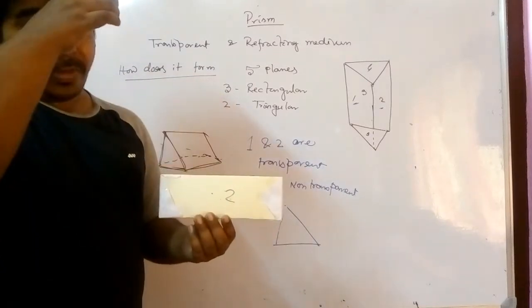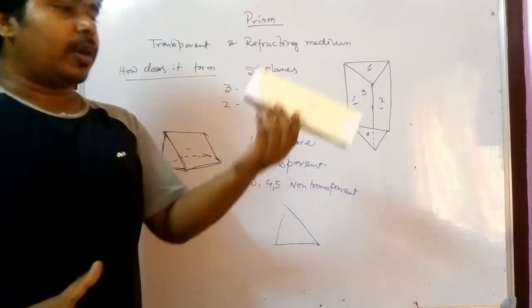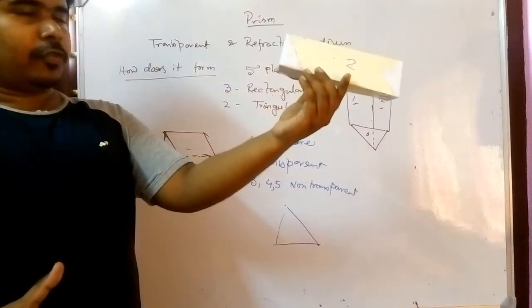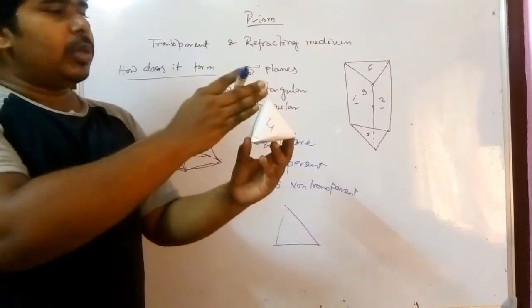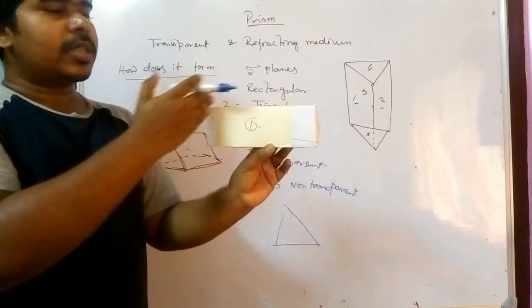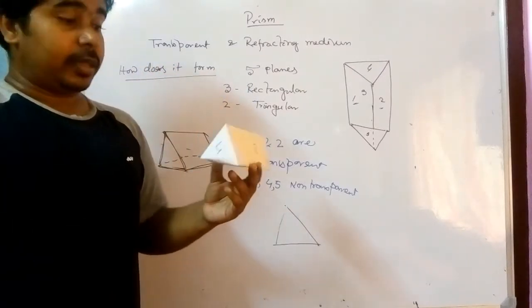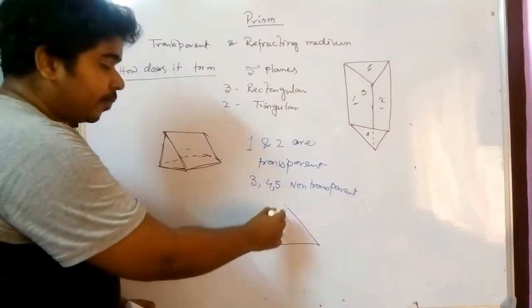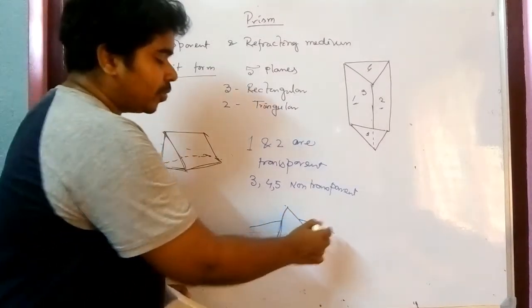We can feel a three-dimensional object when I hold it, but when we look from the front, we see only a triangle. We cannot understand that there is a long surface where the rectangular transparent surfaces are.